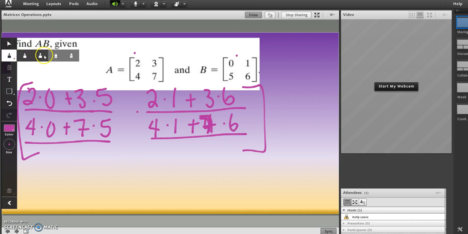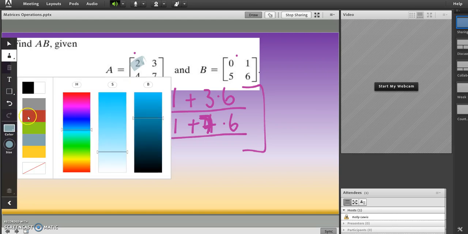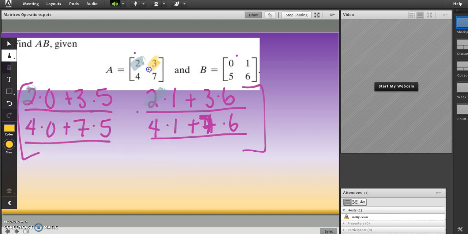So let's point out the pattern. So there's our 2s, our 3s. We have our 0s right here.